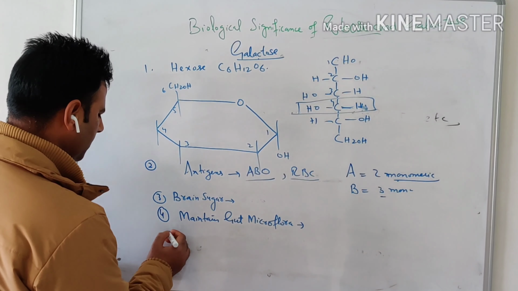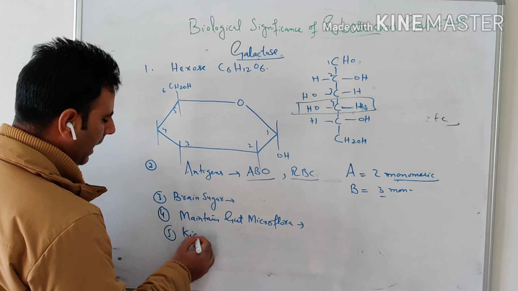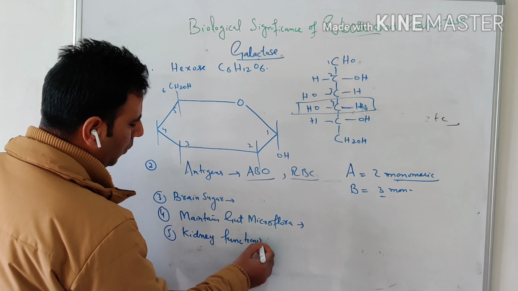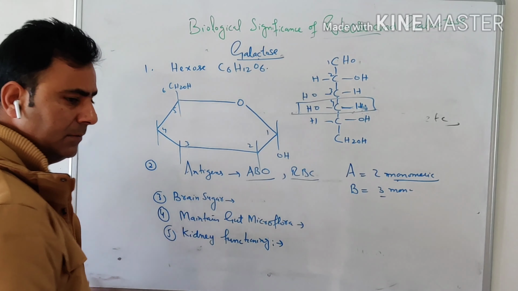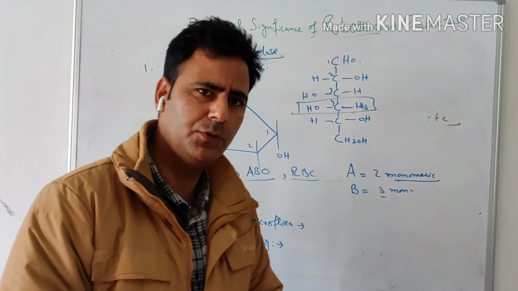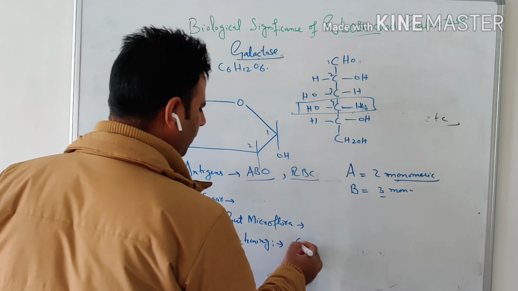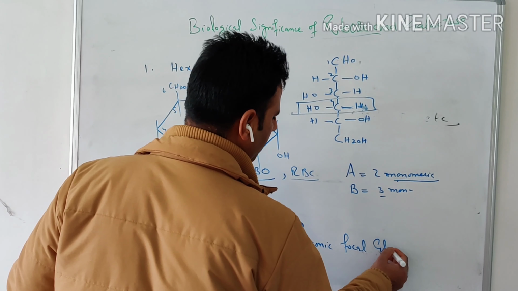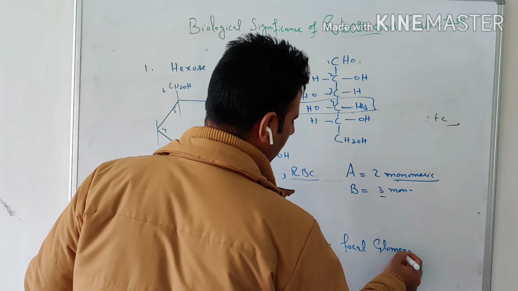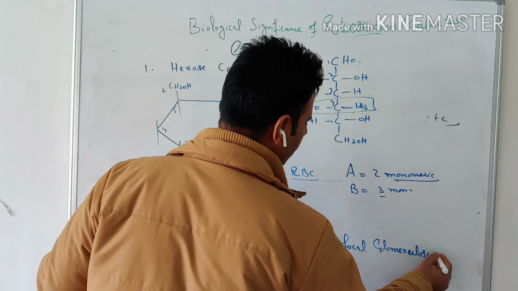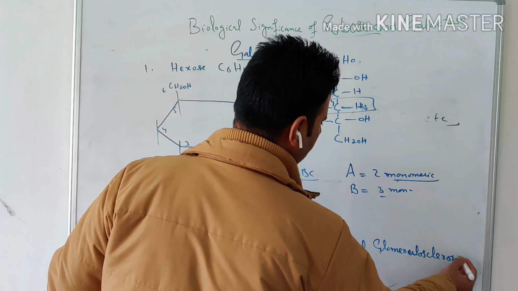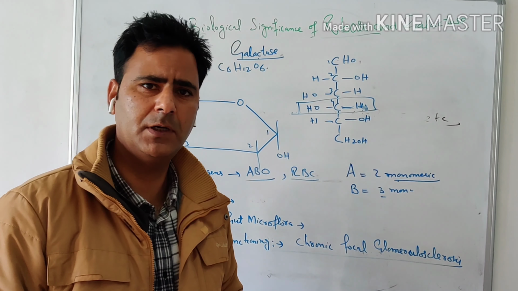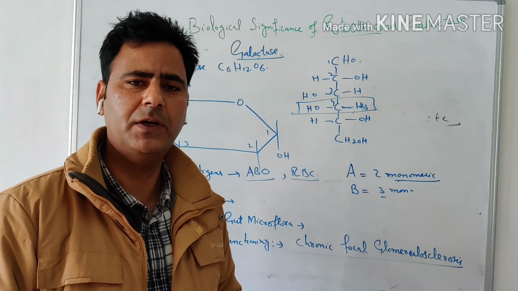And one more thing, this galactose may have some applicability in kidney functioning, because it is used for treating chronic focal glomerulosclerosis. So it has some applicability in the kidney functioning.